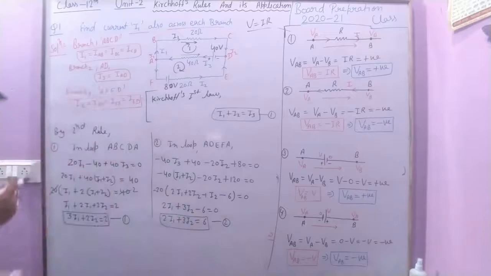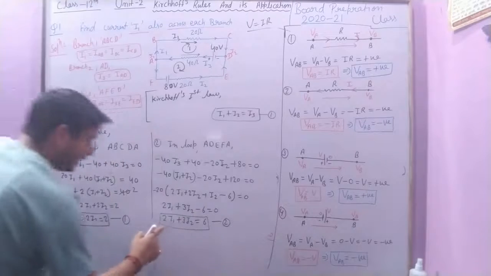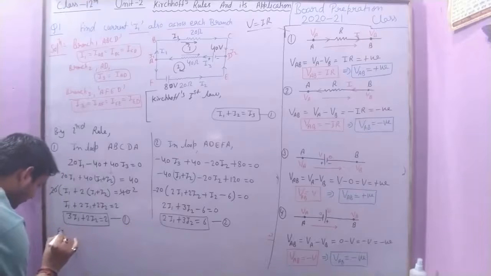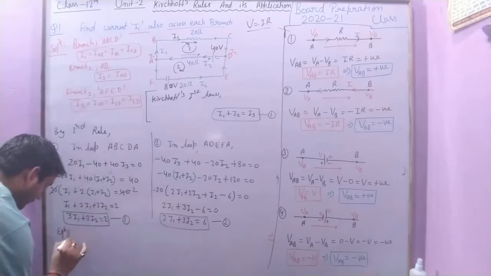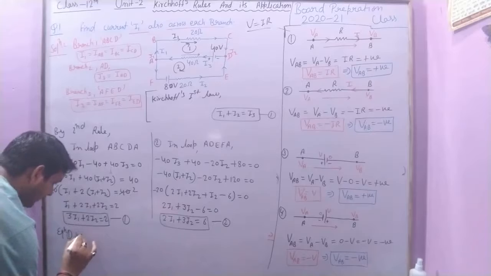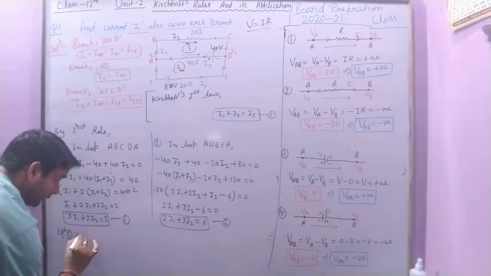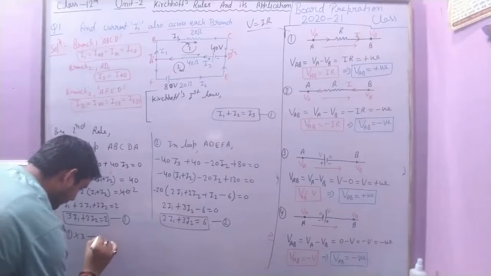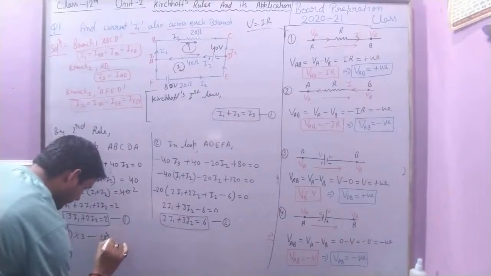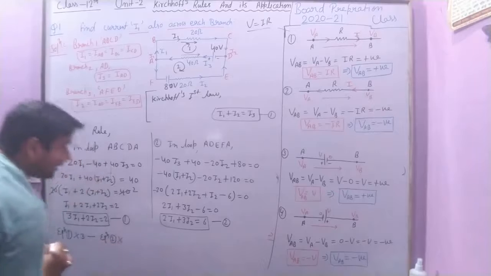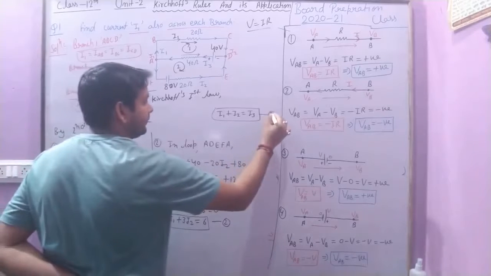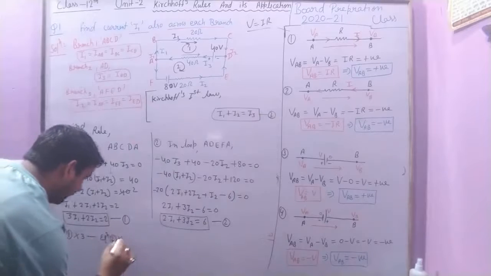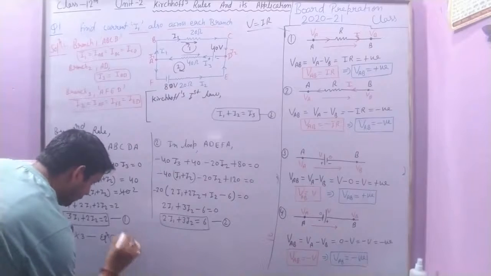Okay, now solve the equations by multiplying equation 1 by 3 and subtracting from equation 2 multiplied by 2.